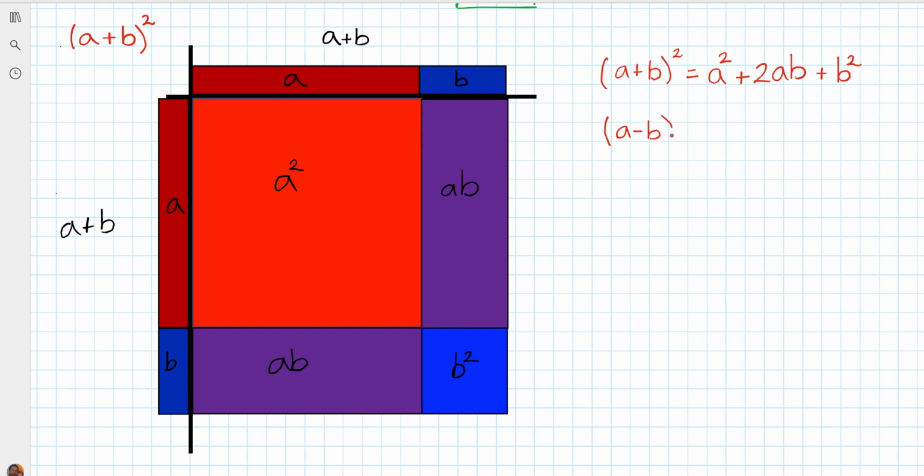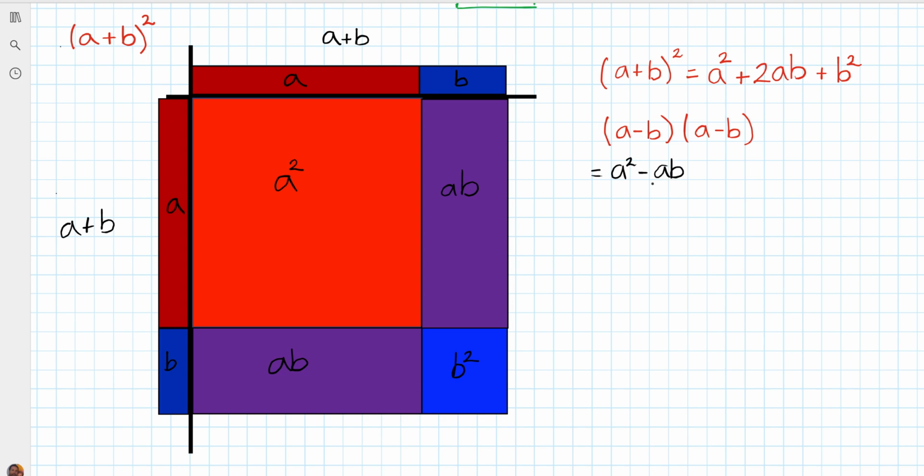The other way that you could have done that, instead of using all this drawing skill that I had to use here, was just expanding it like this. So what is this going to be equal to? A times A is A squared, beautiful. A times negative B is negative AB.